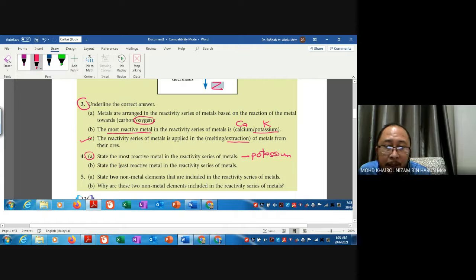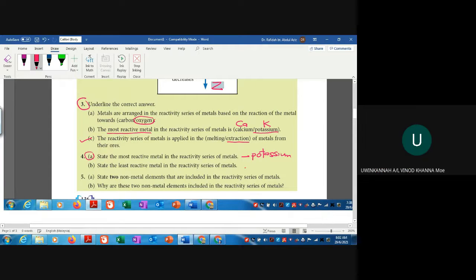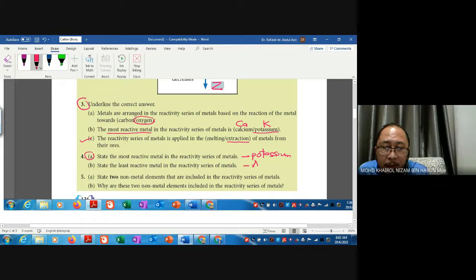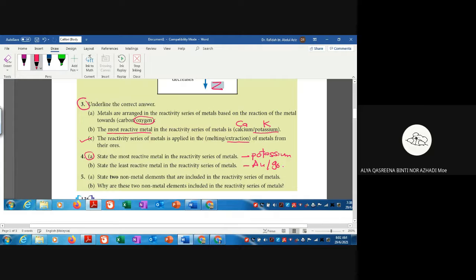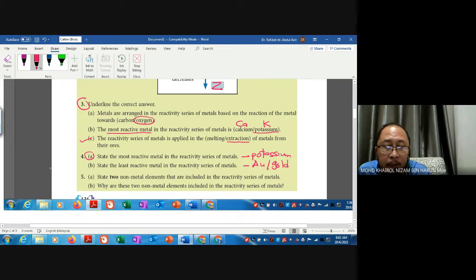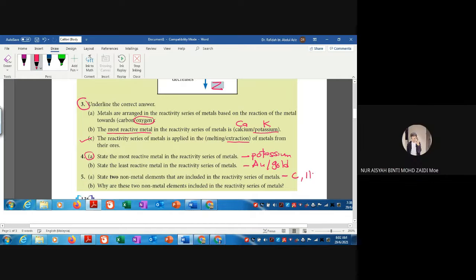The least means that, gold. Aurum or gold, G-O-L-D. Number 5, state two non-metal elements that are included in the reactivity series of metals: carbon and hydrogen.